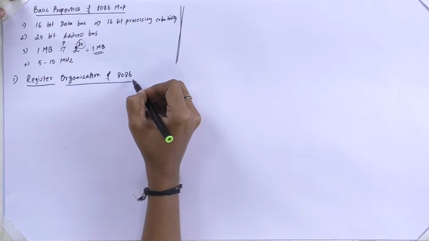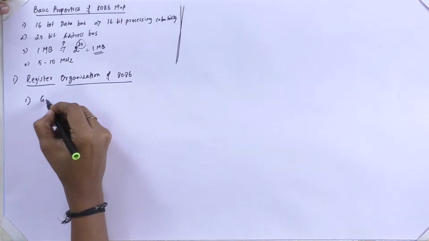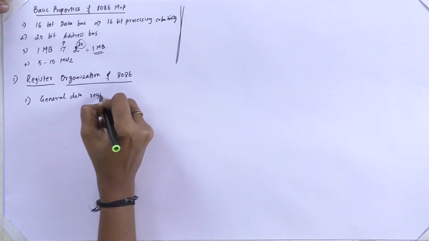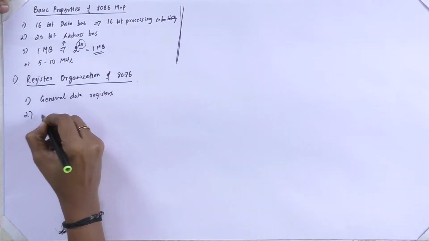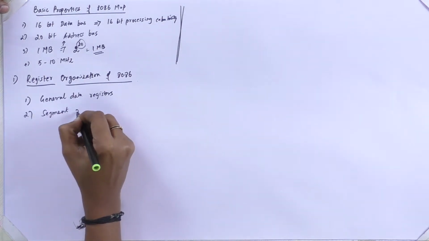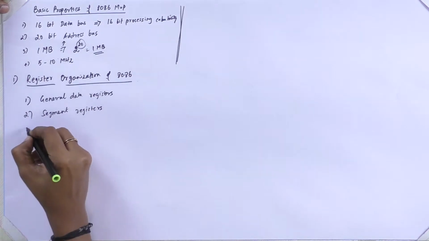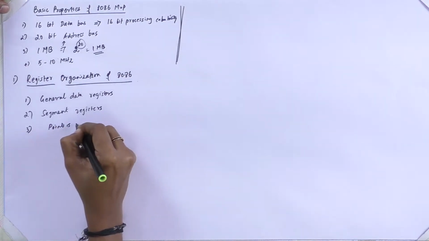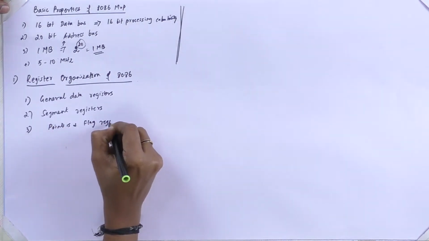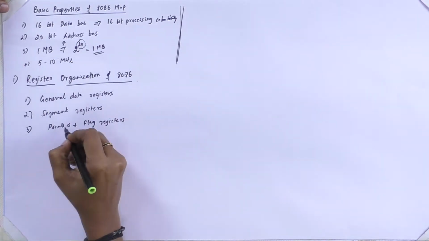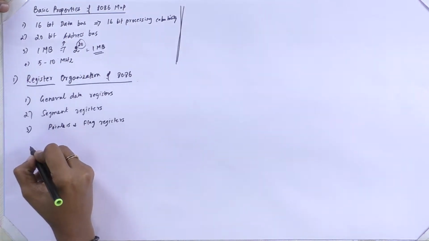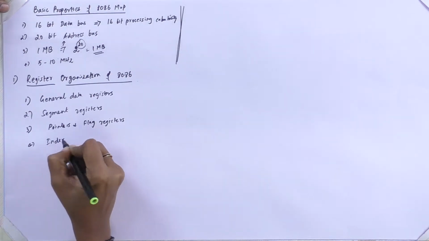So these registers present in 8086 are classified into 4 categories: general data registers, segment registers, pointers and flag registers, and the last one is index registers.